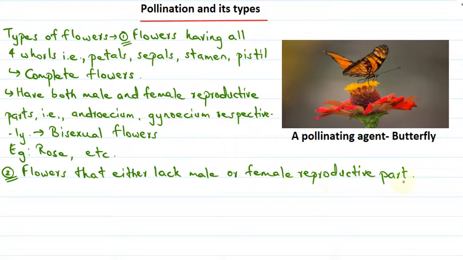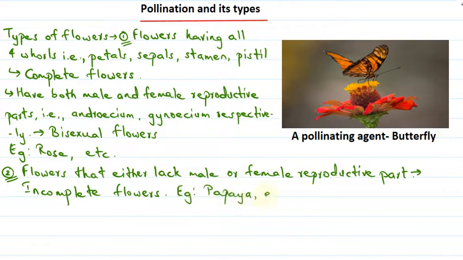These are known as incomplete flowers, and these types of flowers can be found in papaya, etc. These flowers are actually unisexual because only one of the reproductive parts is present.